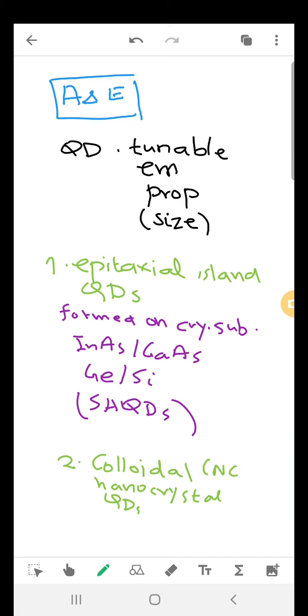Now in particular there is indium arsenide or zinc selenide nanocrystal.